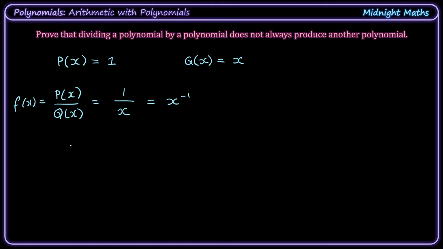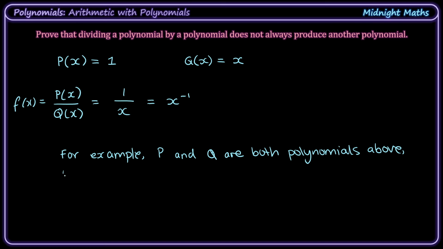So we can just say, prove that dividing a polynomial is not another polynomial. So for example, p and q are both polynomials above, but p divided by q is equal to x to the power of negative 1, which is not a polynomial.